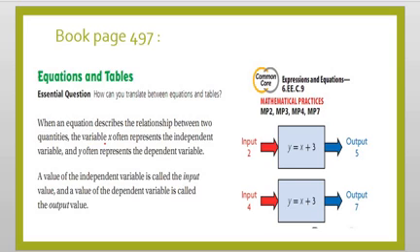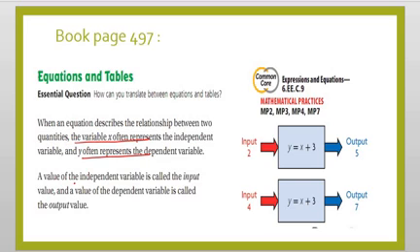The variable x often represents the input or the independent variable. X is usually the independent variable. It is the input. And y often represents the dependent variable. It is the output, okay?